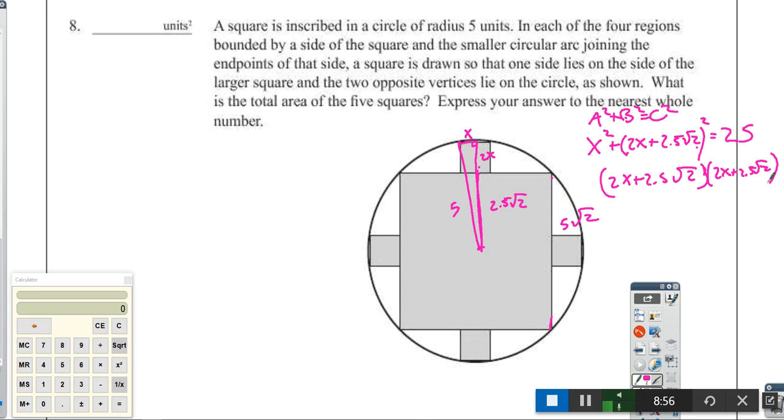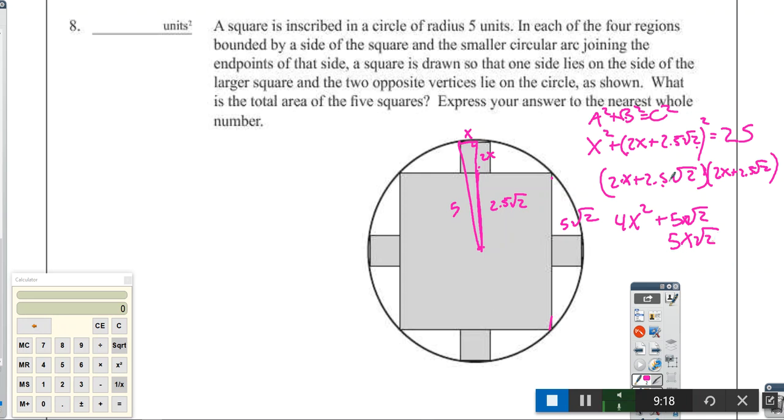All right, so 2x times 2x is 4x squared. 2x times this is going to be 5x root 2. This times this again is 5x root 2.